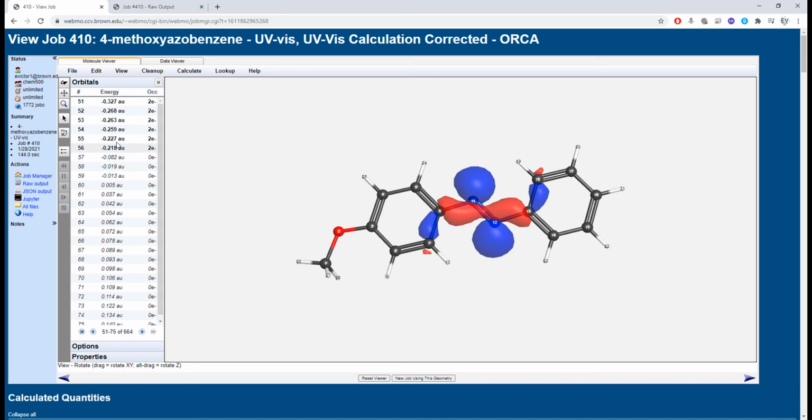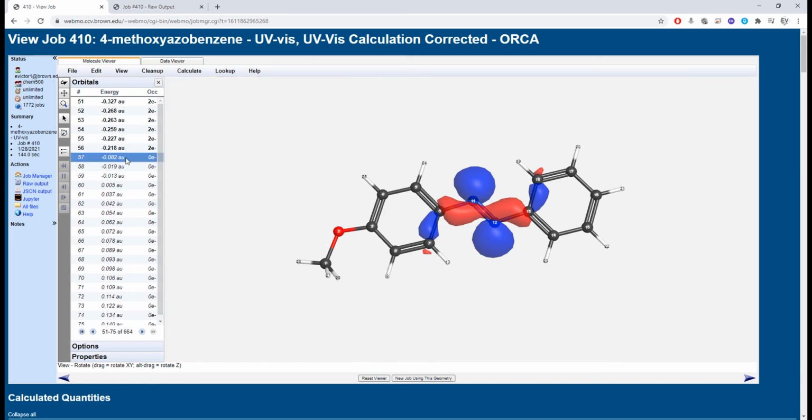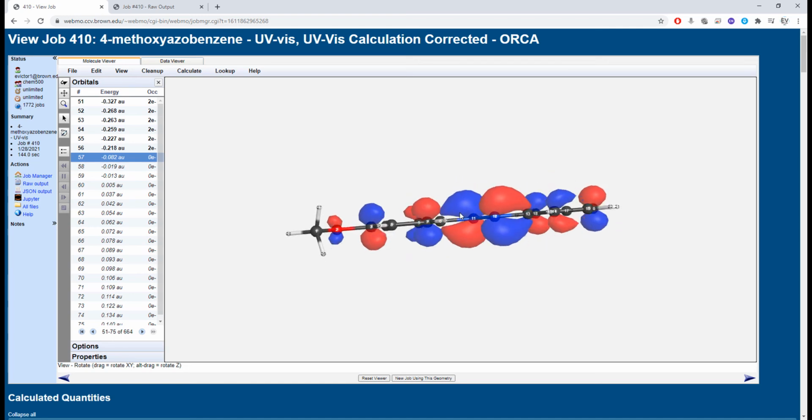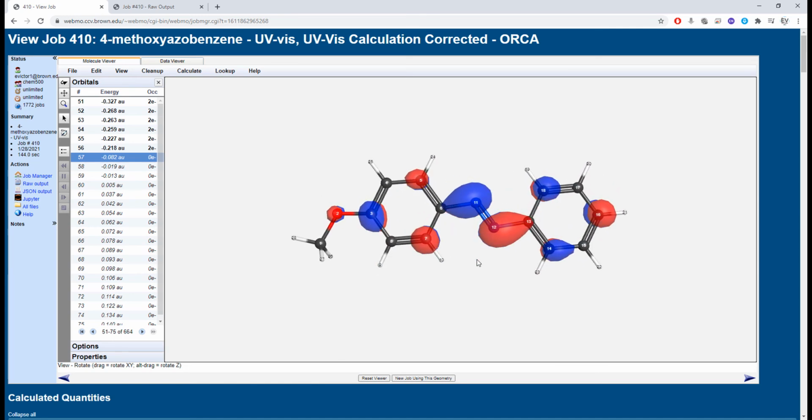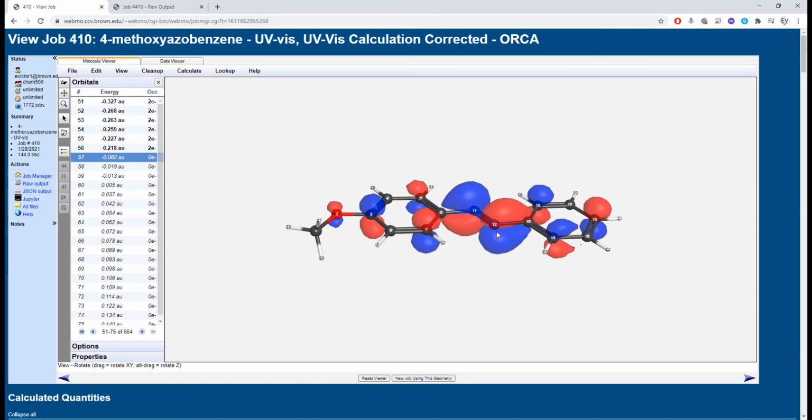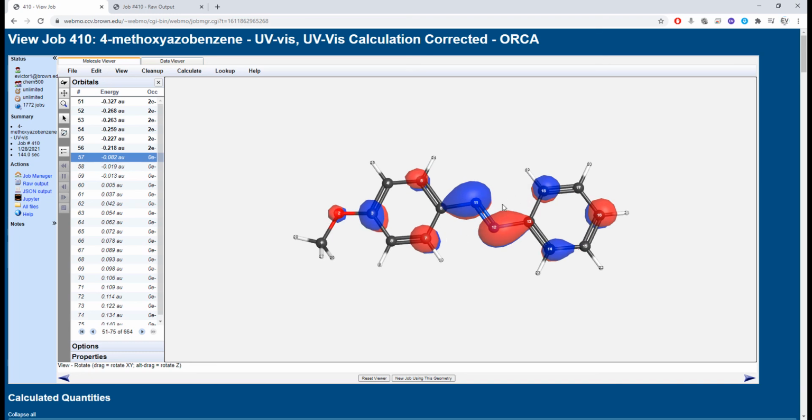And then we're going to 57 in this case, because that's one higher than the 56 that we saw. Now we can see right here that we're going into essentially the next orbital within that series, but where we have one node in between those nitrogens. That's what we're being excited into, and it exists primarily within that dinitrogen bridge that we have in these cases.